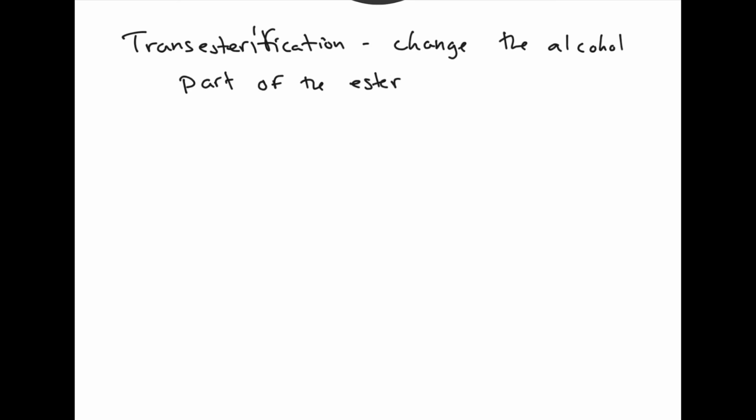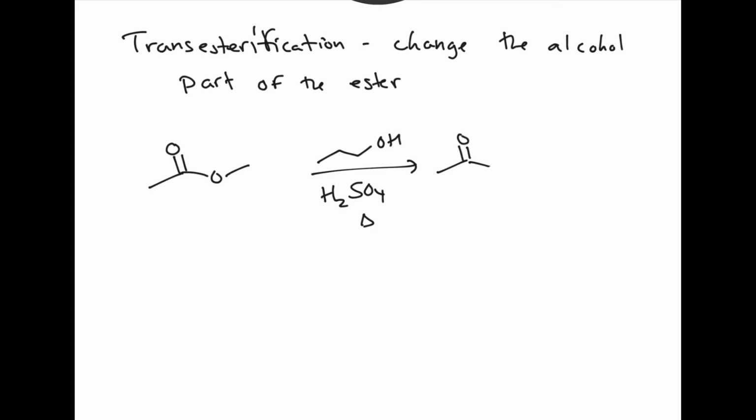So you go from, let's say, a methyl ester, you add a different alcohol, say 1-propanol, sulfuric acid, and heat. And you generate an ester, but you've just changed the R group on it. Just kind of rearranging deck chairs on the Titanic, right? Just moving stuff around.